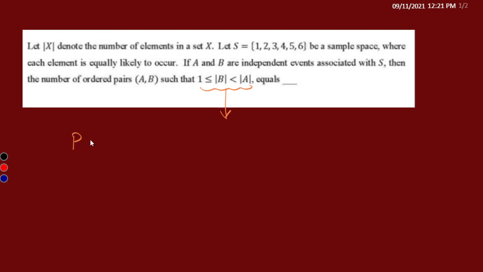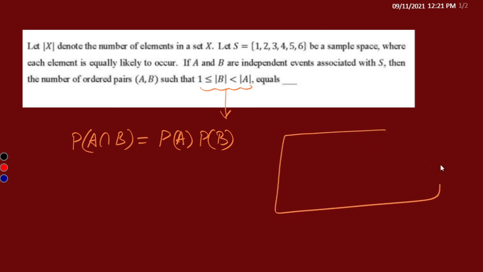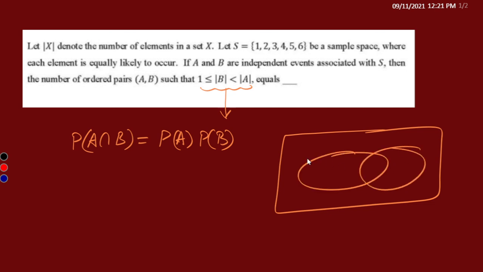We need to first look into probability of A intersection B equal to probability of A into probability of B, and then look into all possible such cases. So if I quickly look into the Venn diagram, there are certain elements in A, certain elements in B, and of course there are certain common elements.